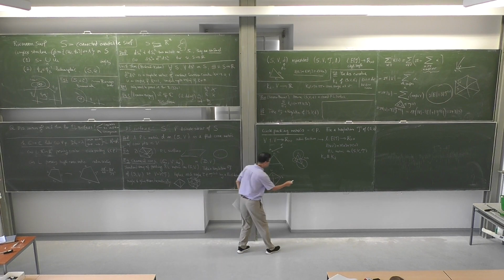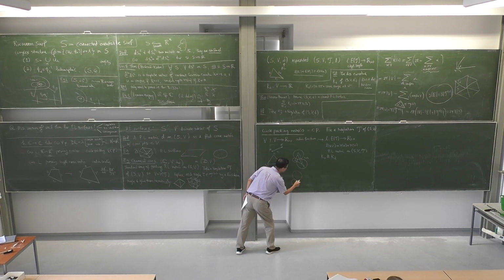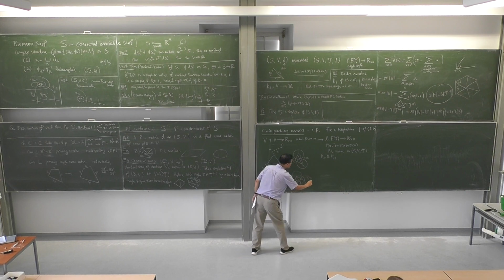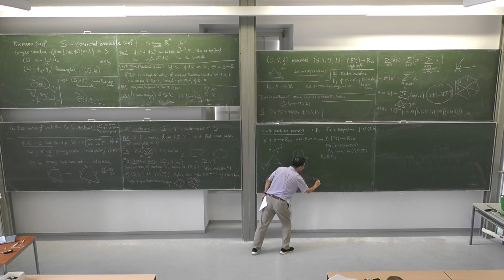It looks like you take 4 pairwise tangent balls, and then you look at the surface coming from the centers of these balls. So these are circle packed tetrahedron surfaces. Okay.